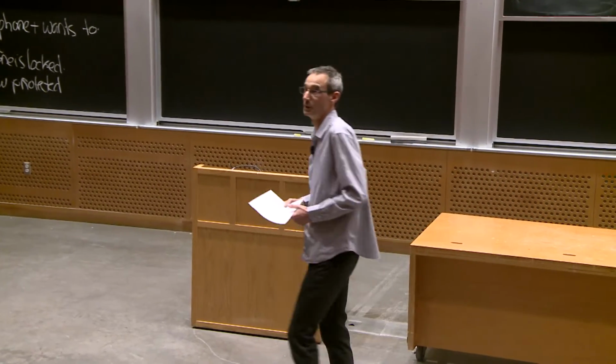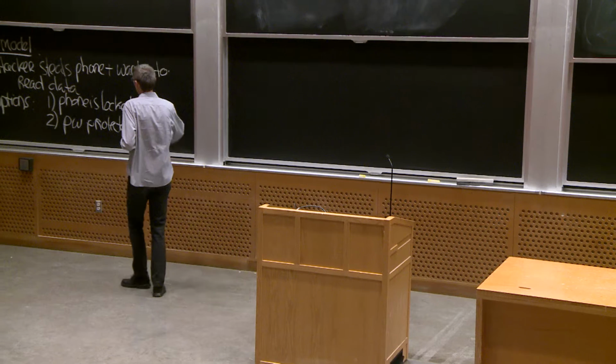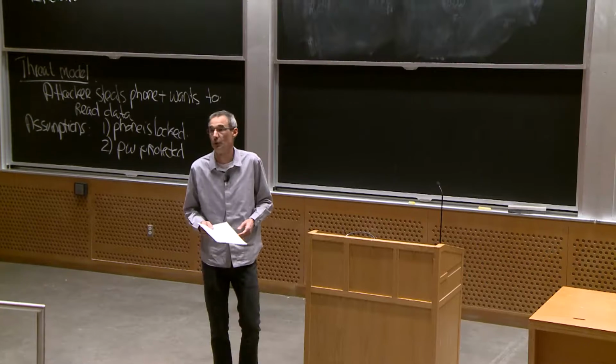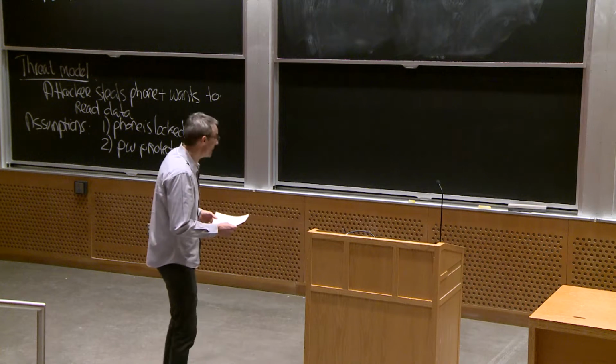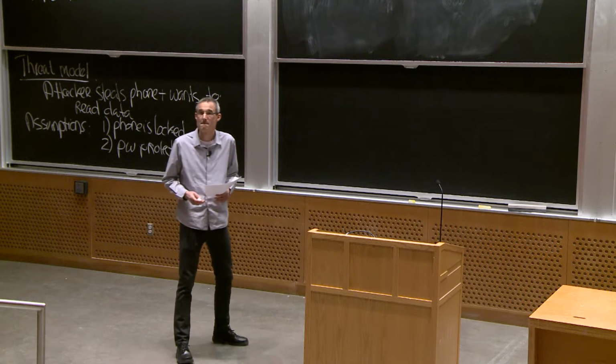Under those 2 assumptions, what they want to guarantee is that even if the attacker steals the phone, has physical access, has the phone in his hands, the attacker can still not read your data or your files. Does that make sense in terms of the threat model?